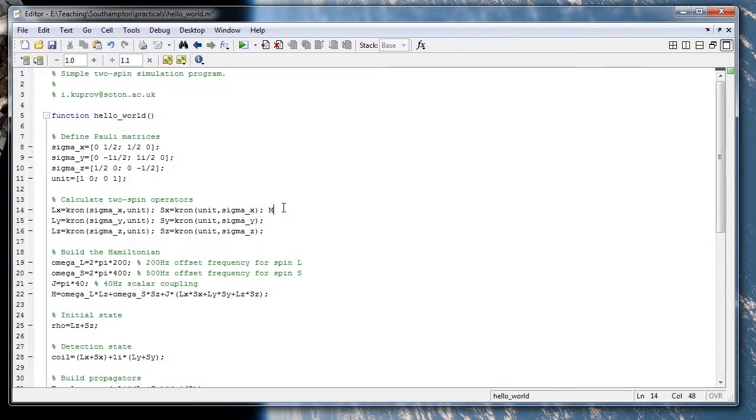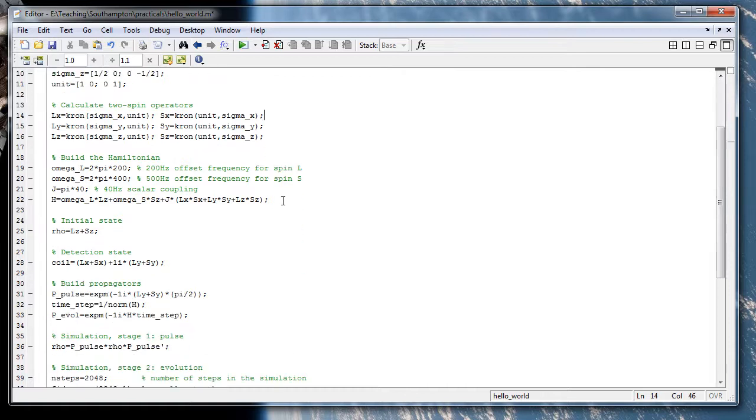So let's say it will be mx and the corresponding cron. These crons would not just be sigma x unit, it would be sigma x unit unit. Then this cron will be unit sigma x unit, and this cron will be unit unit sigma x. So we have 3 spins, and therefore there should be 1 operator and 2 unit matrices into each of these.